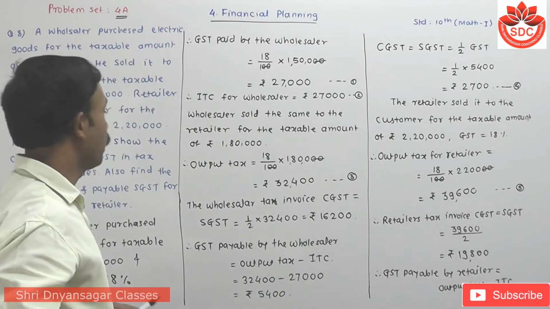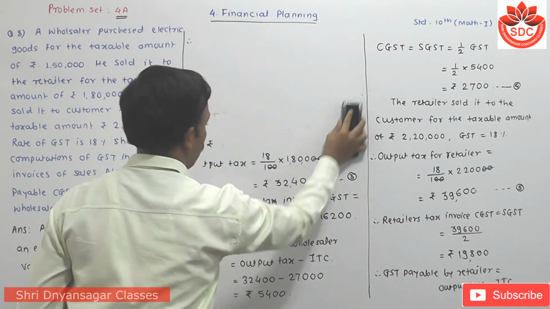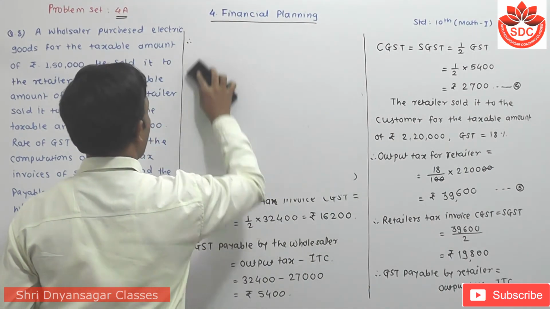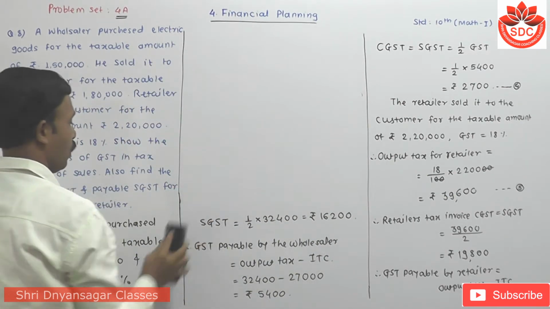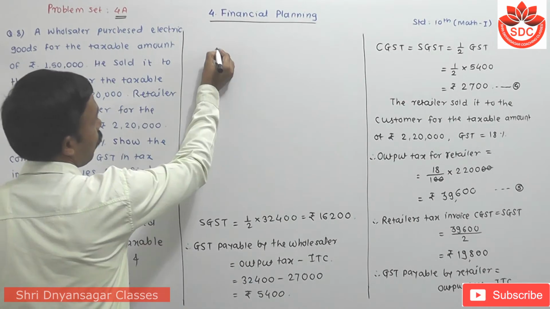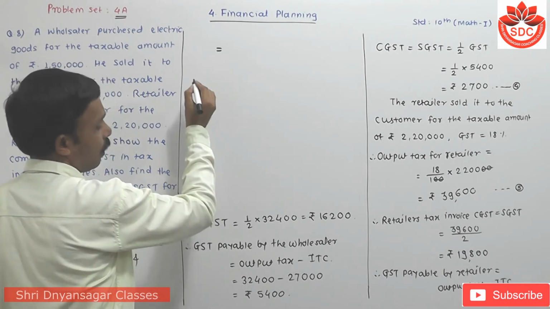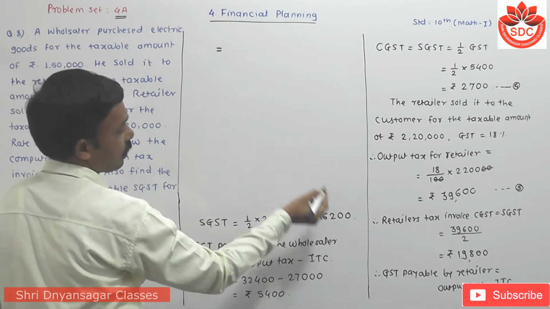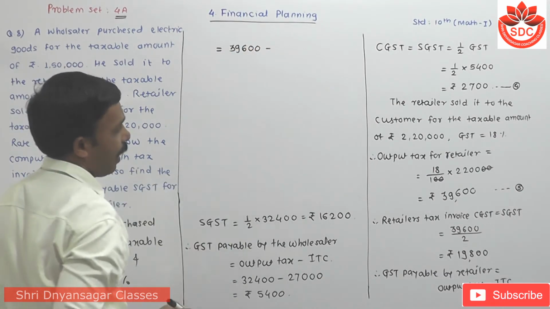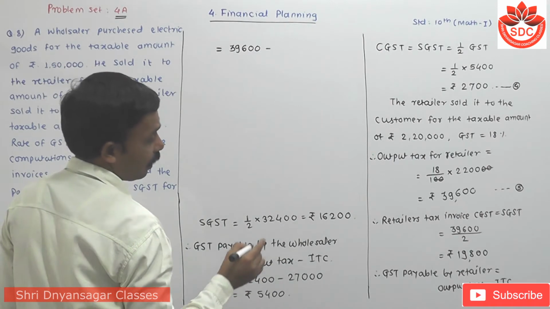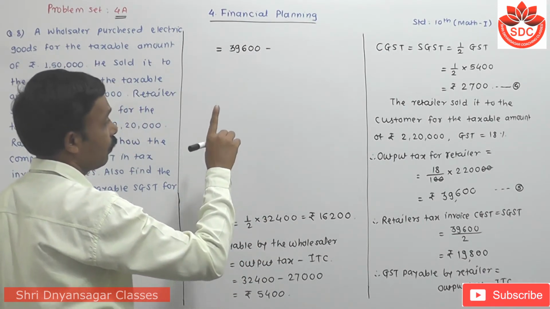Student, I have to take care of this. I wrote this portion here. Then we have to write output tax here is 39,600 and ITC for the retailer is in this equation third, means that 32,400.